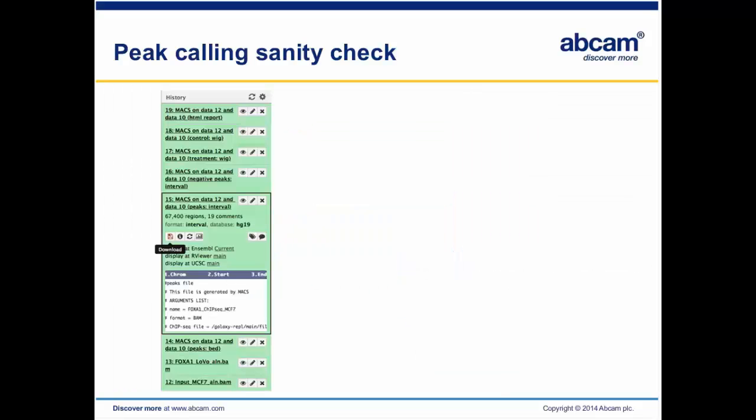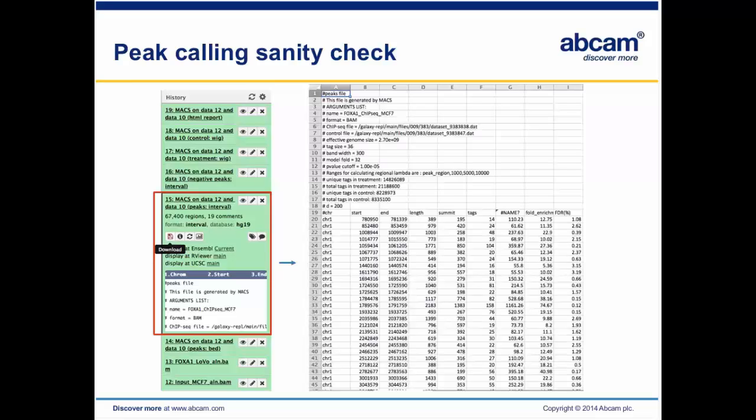If you click the name of the interval file, you can download this interval file to your local computer, and it can be opened and easily handled and manipulated by any spreadsheet software like Excel. This is probably one of the most important output files. It contains all the information you need to know about the binding sites, including the location and the statistics.